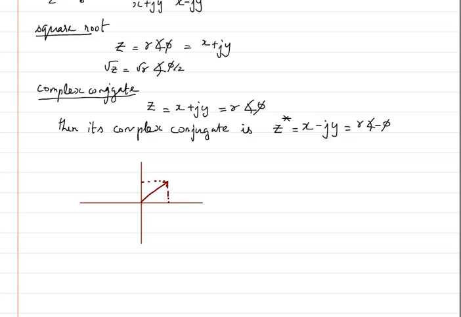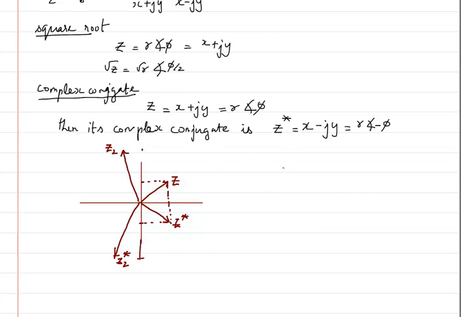What will be its complex conjugate? X will remain as such, but y will go negative. So its complex conjugate will be this. If this is z, then z star will be this. As you can see, it will be the mirror image. If you have some z2 here, then its complex conjugate will be the mirror image here. So you can see that the y portion, the imaginary portion, gets negative.